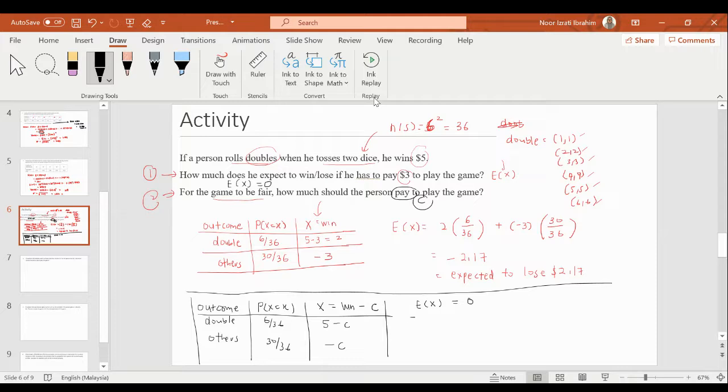Then it will be (5 minus C) multiplied by 6 over 36 plus negative C multiplied by 30 over 36 equals 0. You solve this, you will get C equals 0.83. So the player has to pay 83 cents in order for the game to be fair.